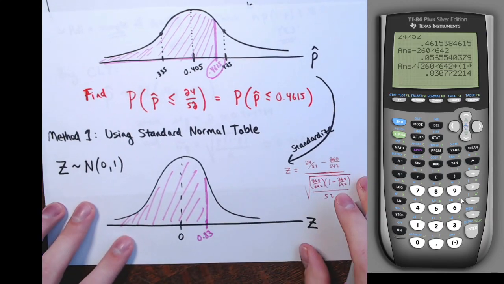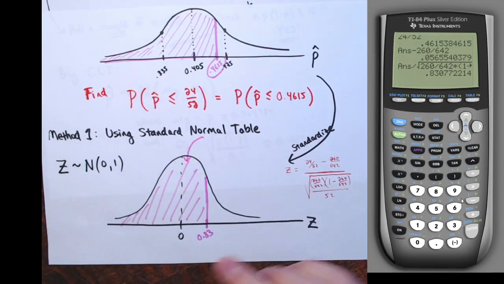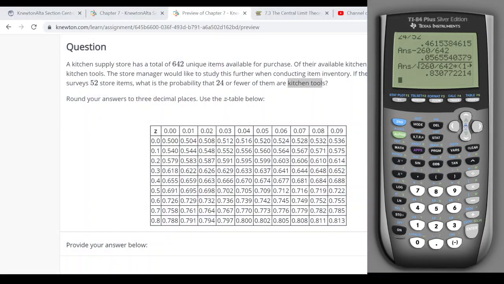Right. So this area I can find. Remember, on the standard normal table, all those numbers that are given are areas to the left. So I go to a z-score of 0.83. So that's this number here. We're looking at an area of 0.797.